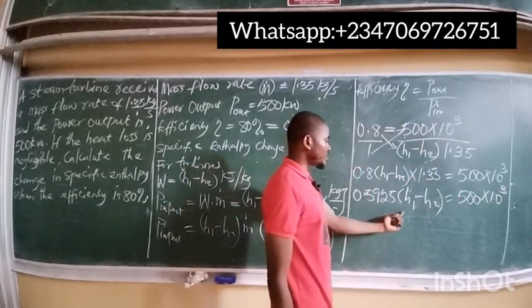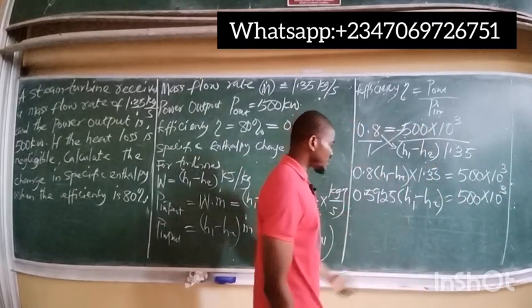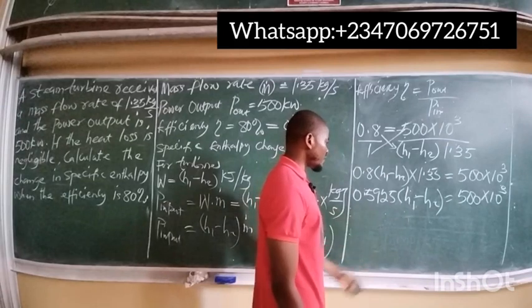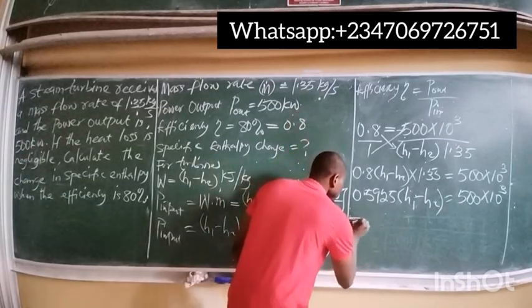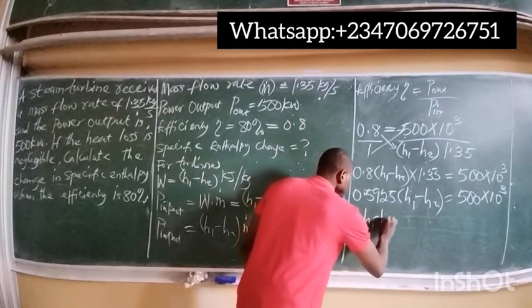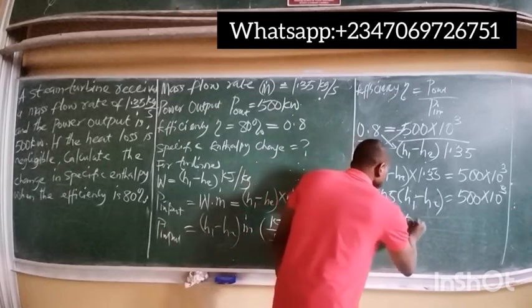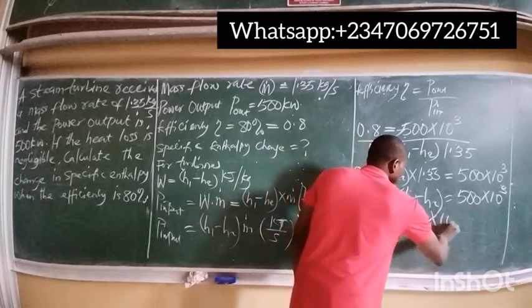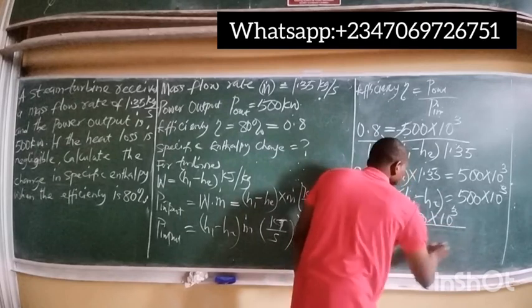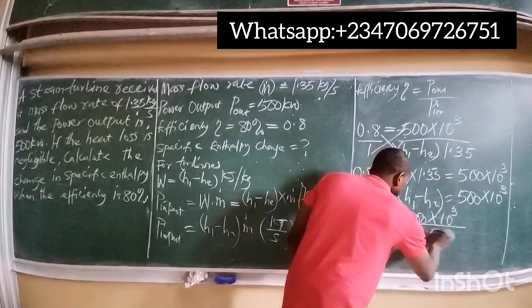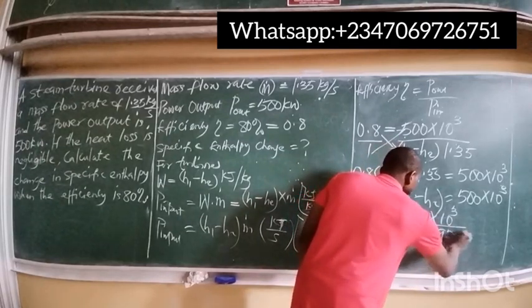To make the enthalpy change the subject, simply divide through by the coefficient. That means h1 minus h2 equals 500 by 10 to the power of 3 all over the coefficient.